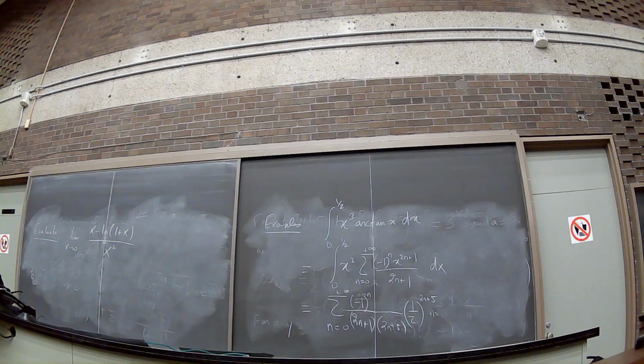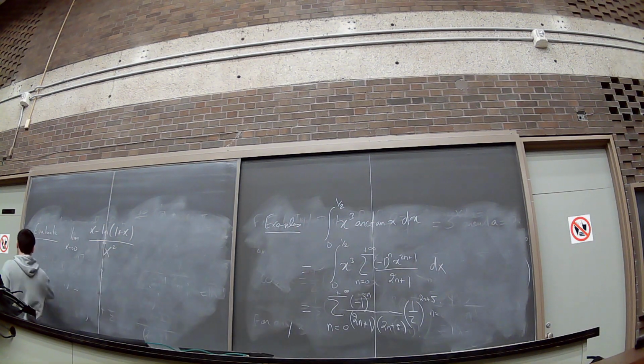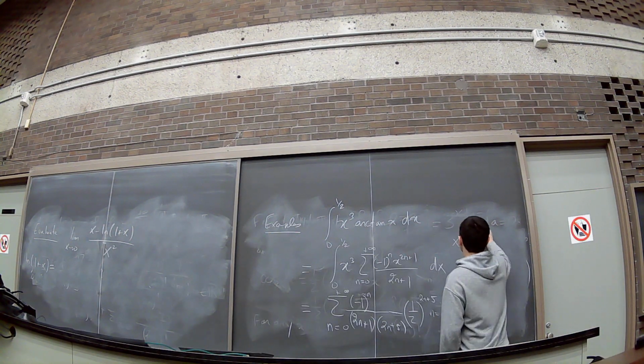In any case, how to do this with series? Can you put the series for ln(1 plus x)? Exactly, so I put the series for ln(1 plus x). What is the series for ln(1 plus x)? Here, this is because x belongs to (-1, 1).